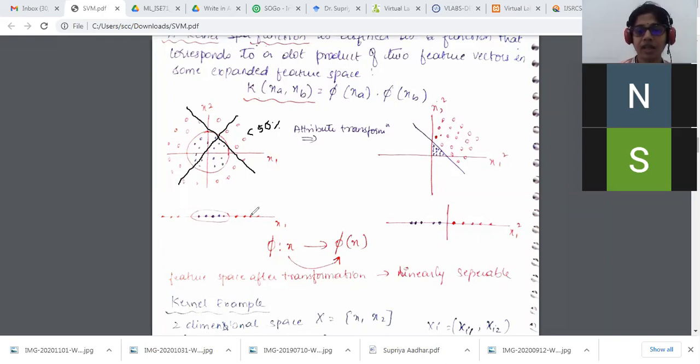How do we do that? Now I'm writing this non-linearly separable data as phi equal to x. A transformation is applied onto it where I get the final transformed data as phi of x. This is phi equal to x, but here I'm transforming it into phi of x. How do I transform that?